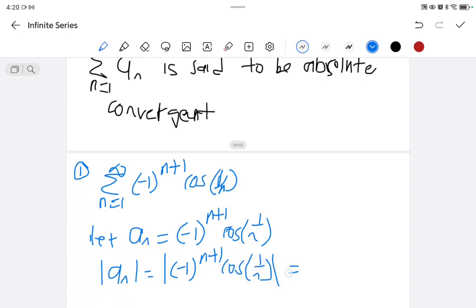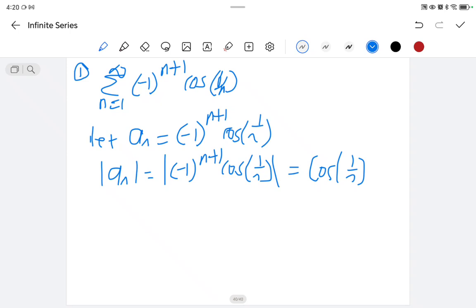That means that now we can check this. Does this converge or diverge?